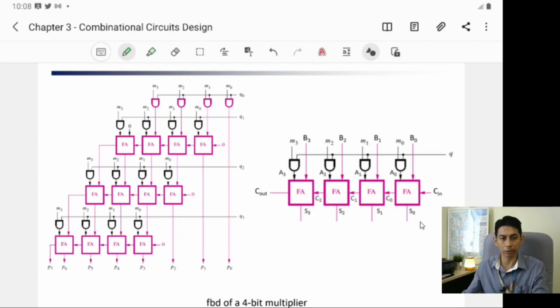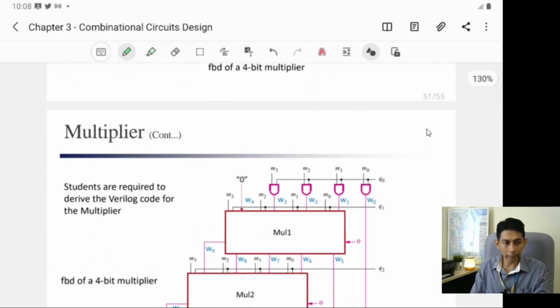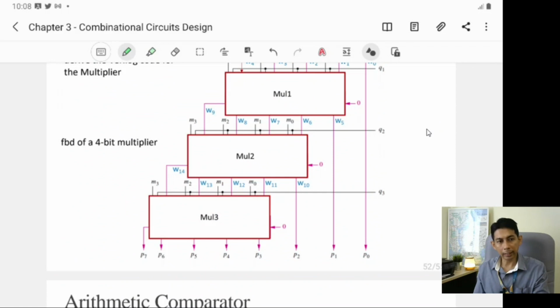Last week in the tutorial we also created the adder subtractor. The structure is similar to this, right? So we can create one small module, and then we connect these together like this, where inside is the same circuit, and now we can get the bigger module, the 4 by 4 multiplier.